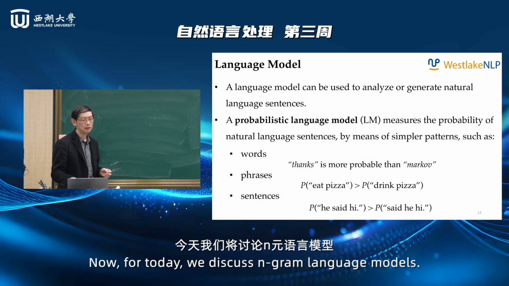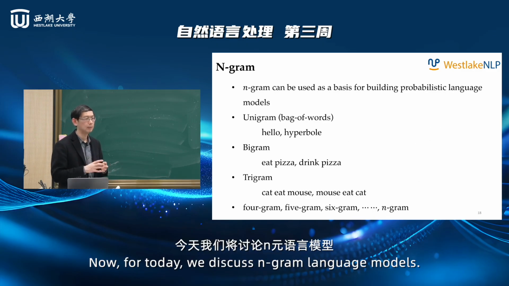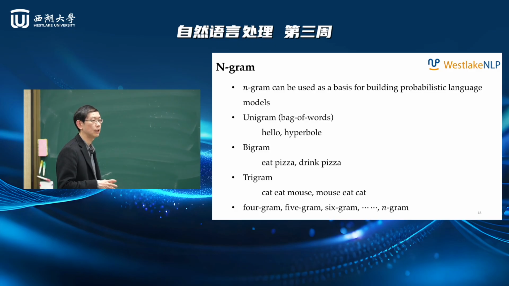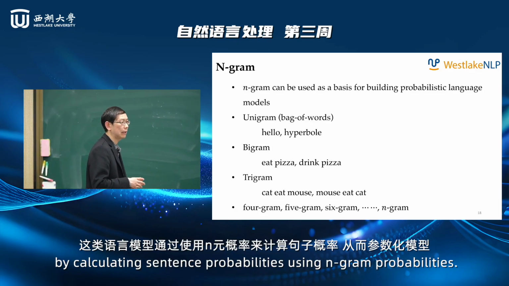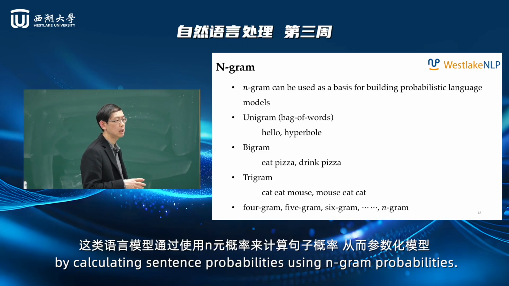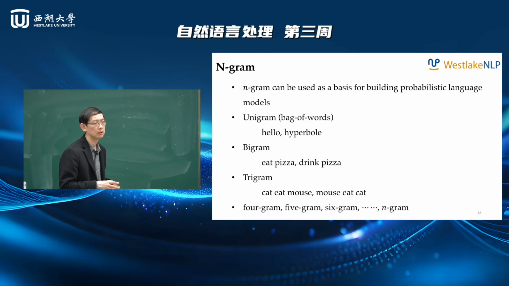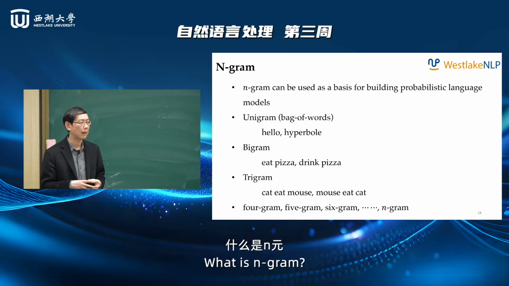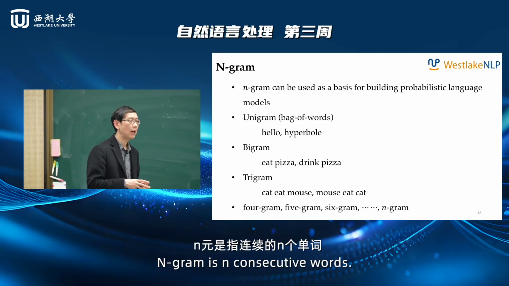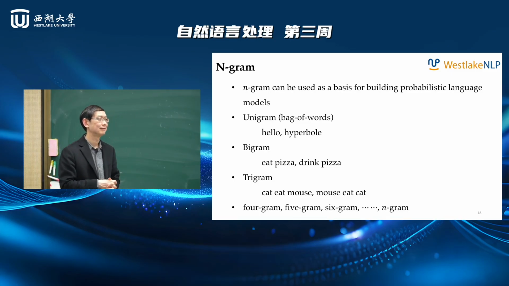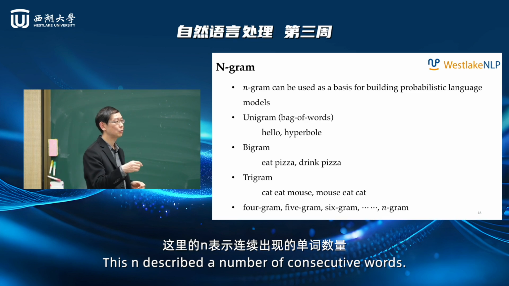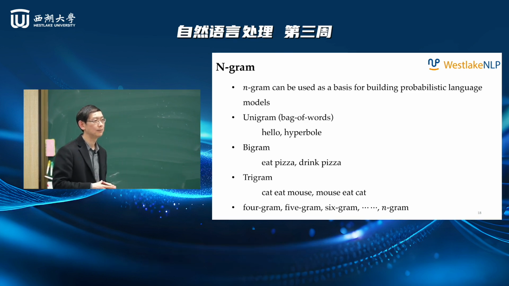Now for today, we discuss n-gram language models. These language models parameterize the model by calculating sentence probabilities using n-gram probabilities. So what is an n-gram? An n-gram is n consecutive words. This n describes the number of consecutive words.